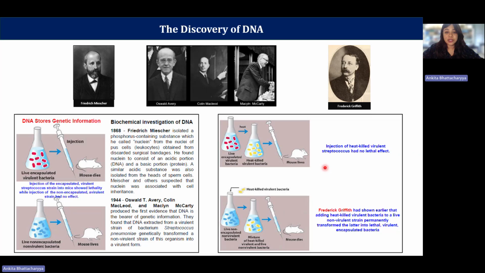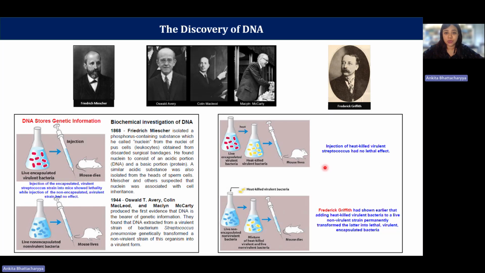Initially, we understood how the role of DNA as the master molecule in the cell was unraveled by some very key landmark experiments carried out by these stalwarts: Frederick Miescher, Oswald Avery, MacLeod, McCarty, Frederick Griffith, and the initial biochemical investigation of DNA.